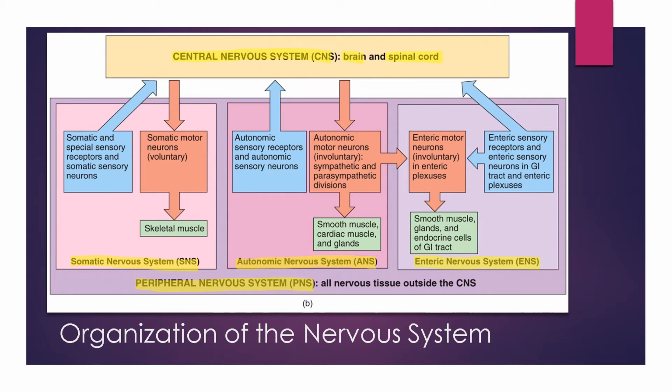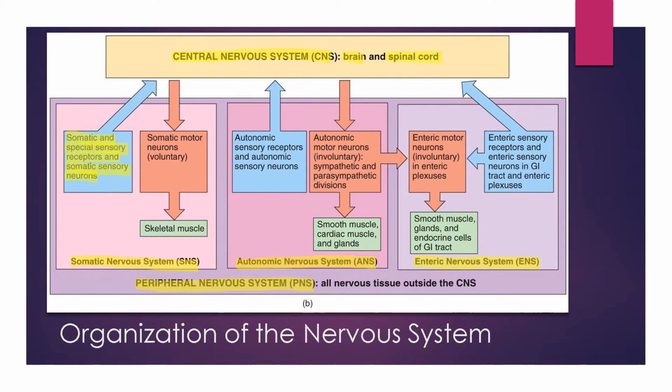Now, the somatic nervous system first consists of sensory neurons that carry information to the central nervous system from somatic receptors in the head, body wall, and limbs, and from receptors for special senses for vision, hearing, taste, and smell.